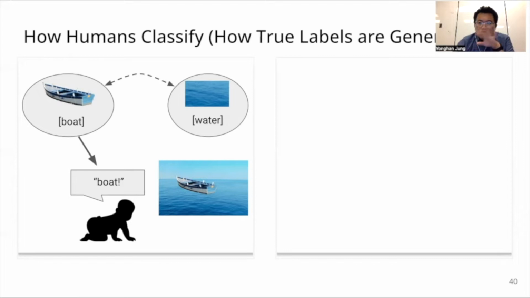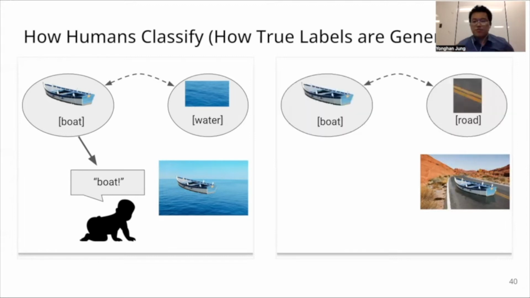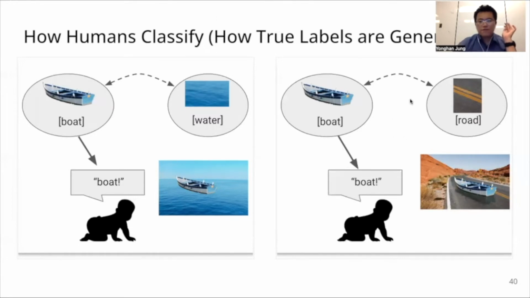To witness this more specifically, consider this image where the boat is now on the road. There is a boat image and a road image in this picture. And a human can still classify this image as a boat because the human only uses the boat object to classify.